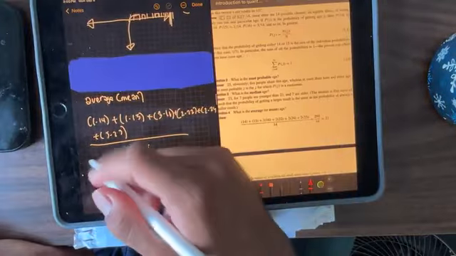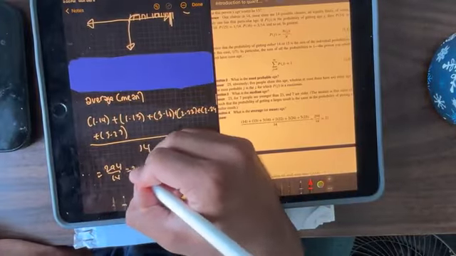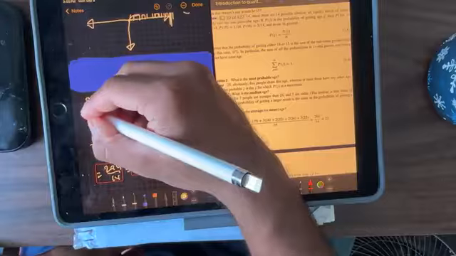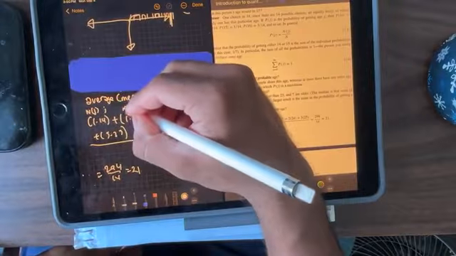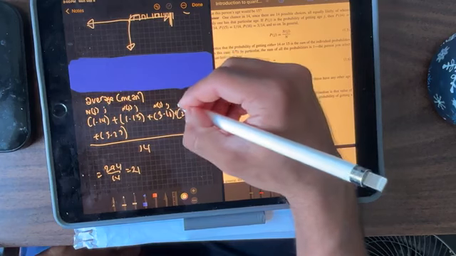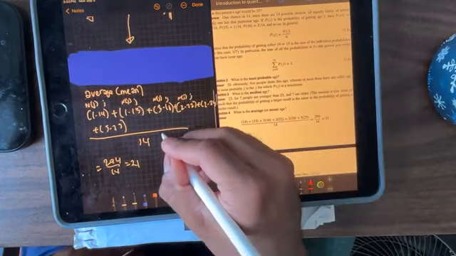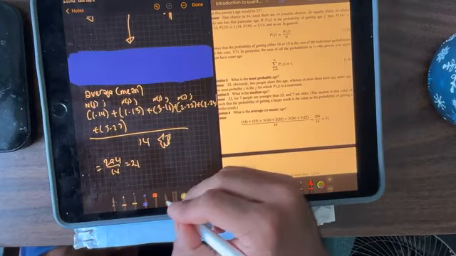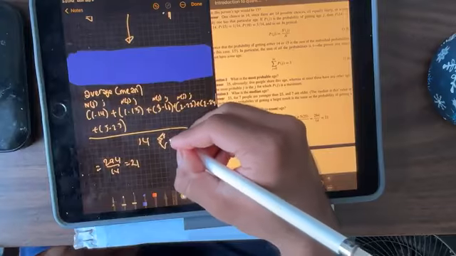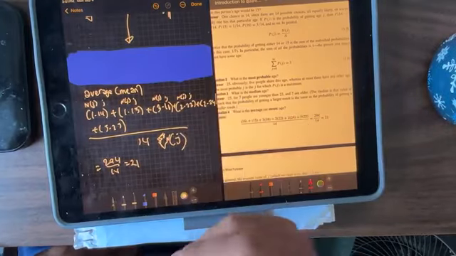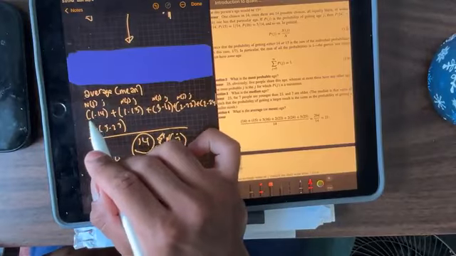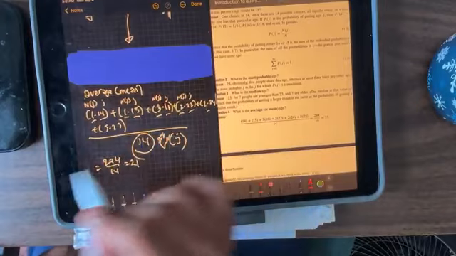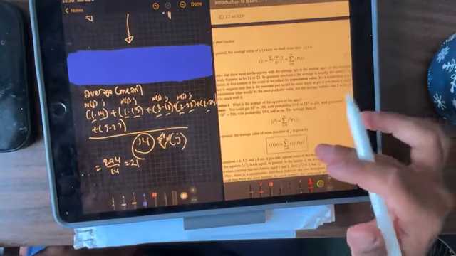That is 294 by 14, which is 21. So you multiply the number of students n of j by the age j, sum over all ages, and divide by the total n of j, which is the total number of students.